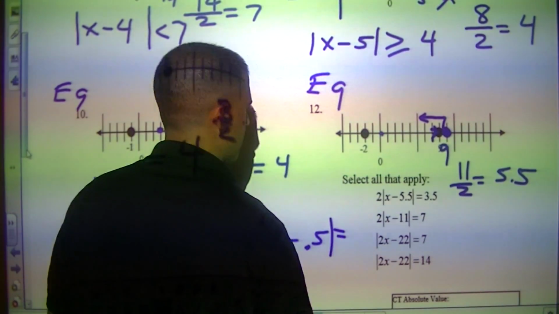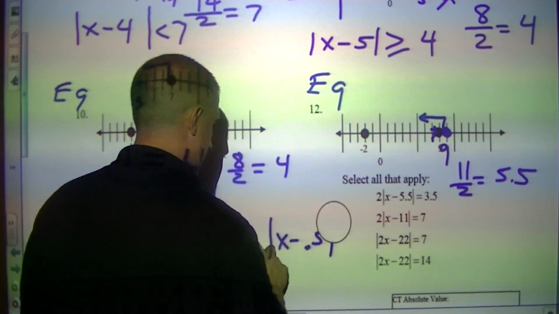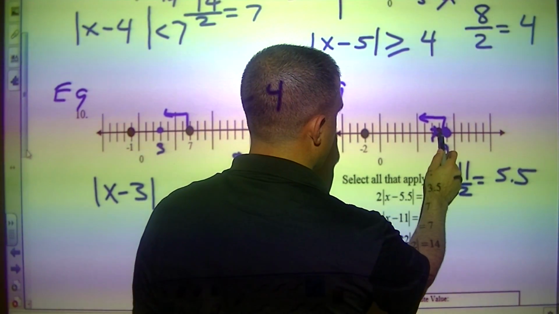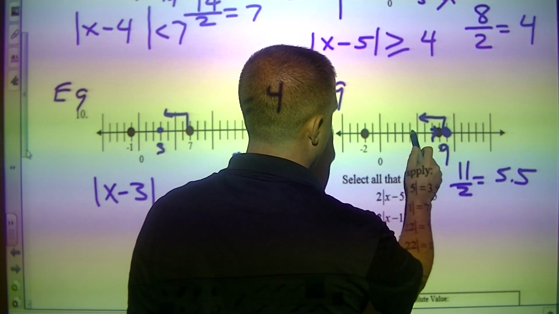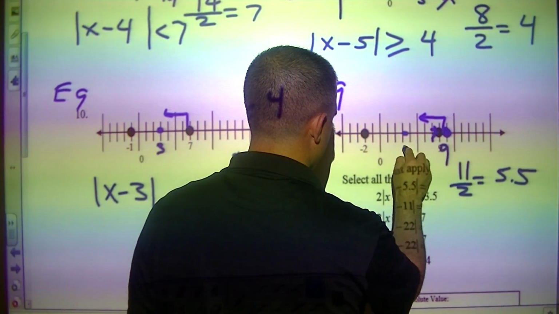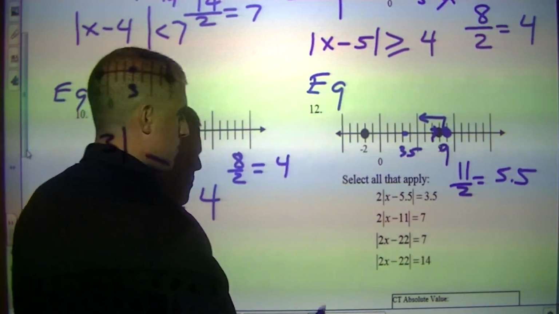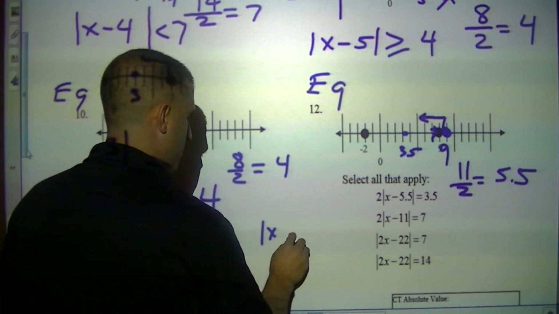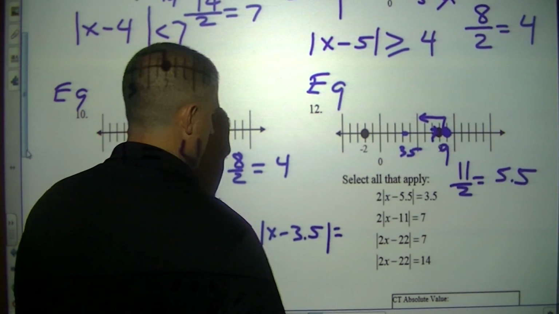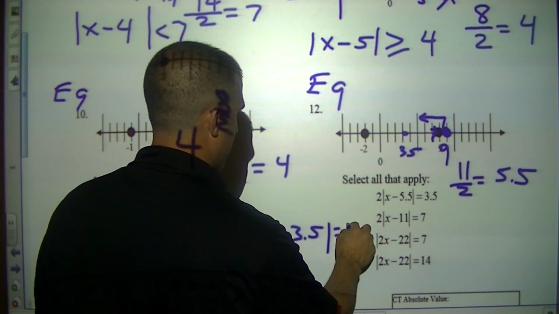Actually, 5.5 spaces wouldn't be there, would it? Hold on. Sorry about that. 5.5 spaces would be 1, 2, 3, 4, 5. Would be right here, which would be 1, 2. That'd be 3.5 would be that. So what I would have is x minus 3.5 equals, all right, my 5.5 spaces.